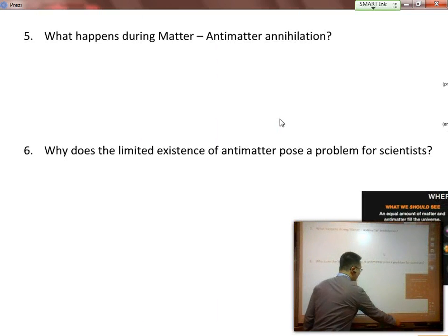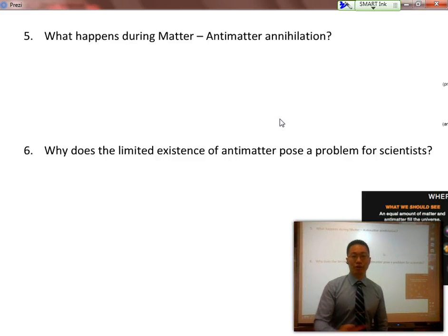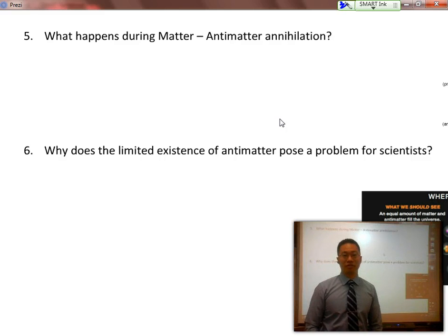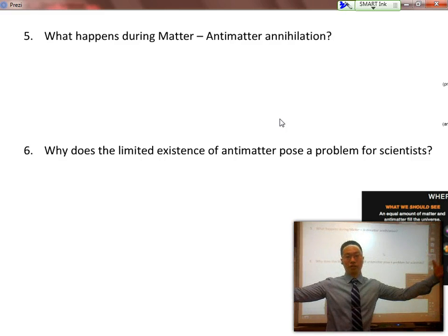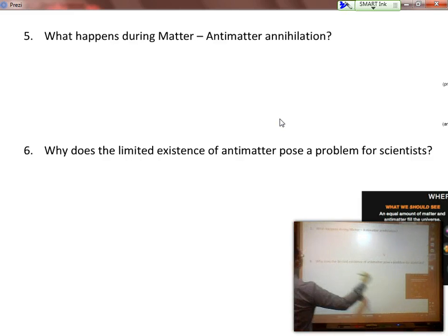But what's interesting, though, is when matter meets its exact antimatter equivalent, they destroy each other and they blow up and turn back into pure energy. Okay?